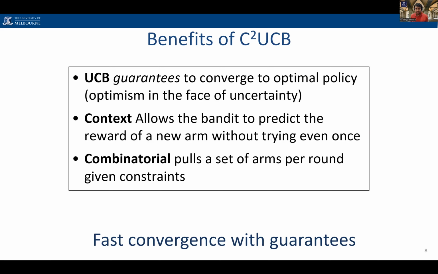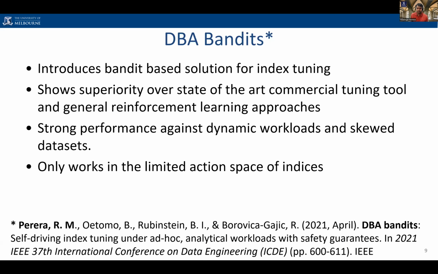As you can understand, this property is very critical to make our solution practical even in large databases. Finally, the combinatorial property allows the bandit to pull multiple arms in a single round under a given constraint. Most importantly, C2UCB comes with a worst-case safety guarantee, which is hardly found in other general reinforcement learning techniques.